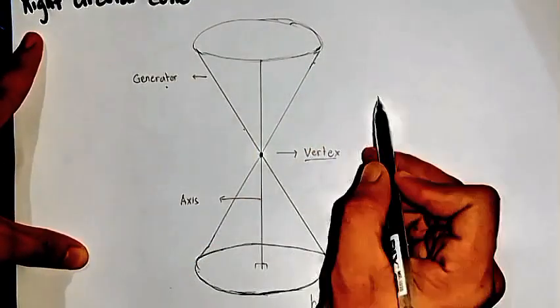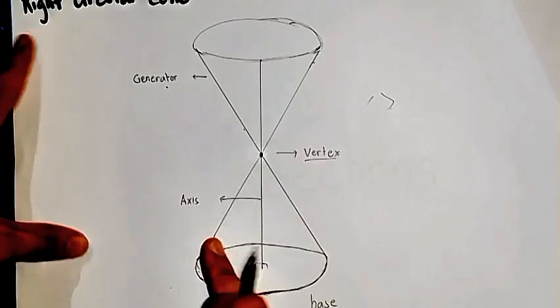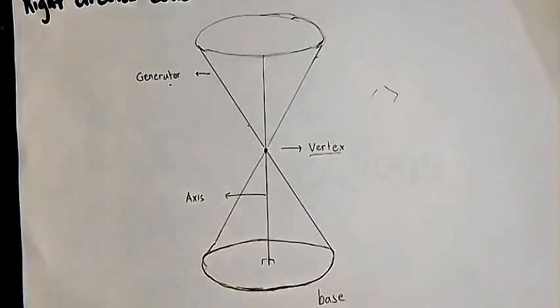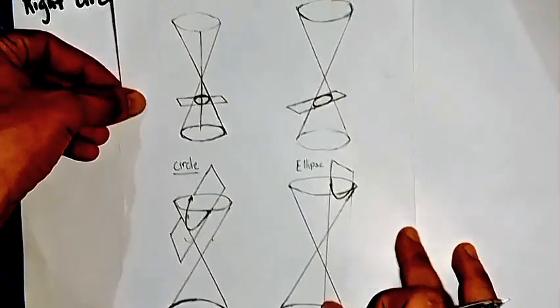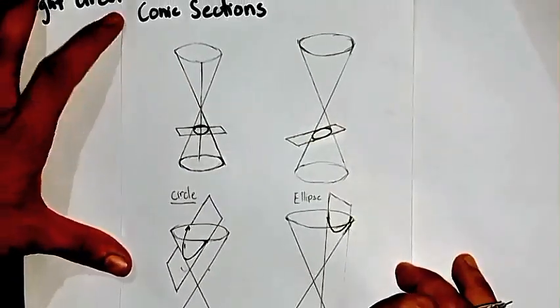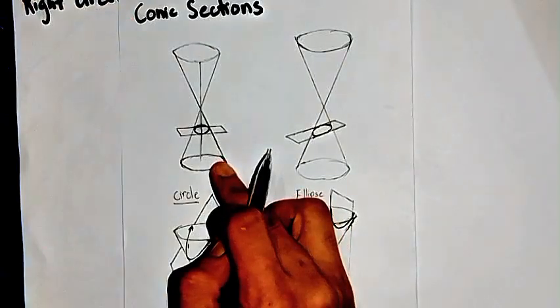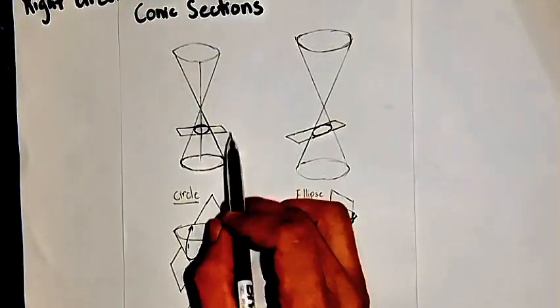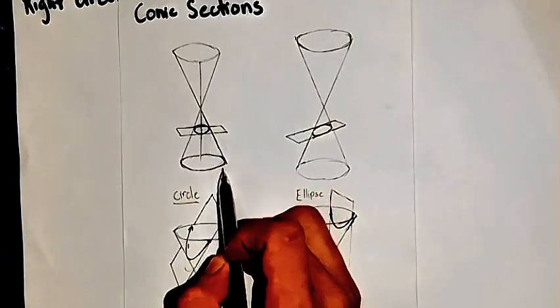Imagine that a plane intersects the right circular cone; it can create a curve called the conic sections. Let's start with the first figure. This is our plane and this is our right circular cone.